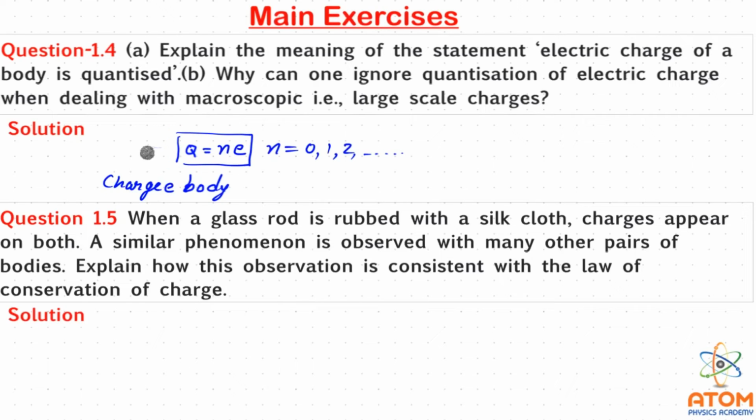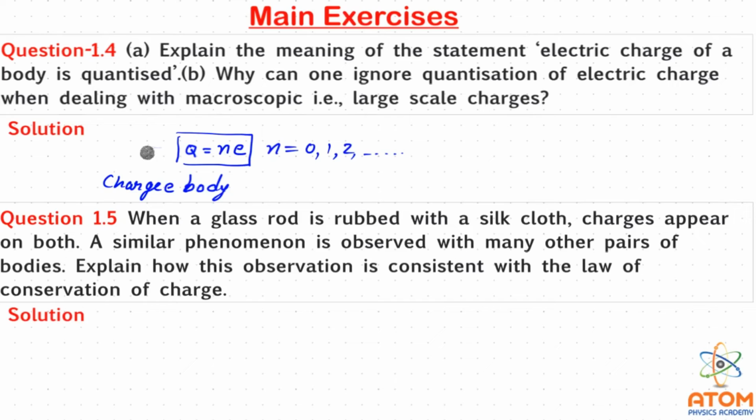This is known as quantization, meaning the amount of charge is quantized. It is made out of many quanta of E. E is a quantum amount, and N is the number. So charge Q is made out of many quanta of E. That's why this is known as quantization of charge, and it is true for every object.